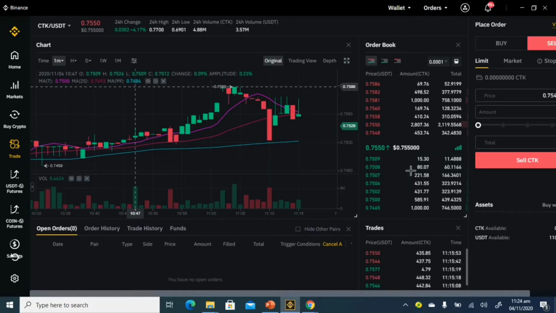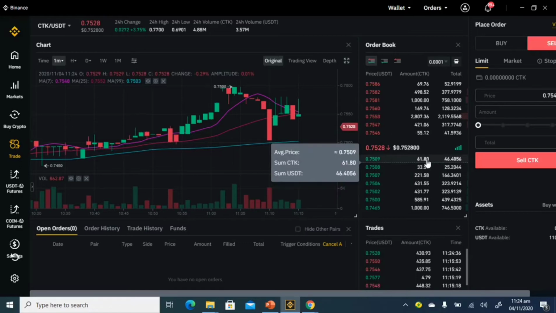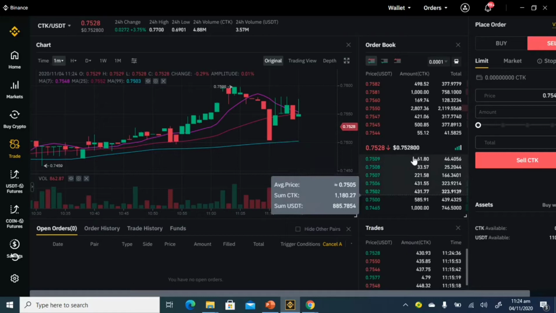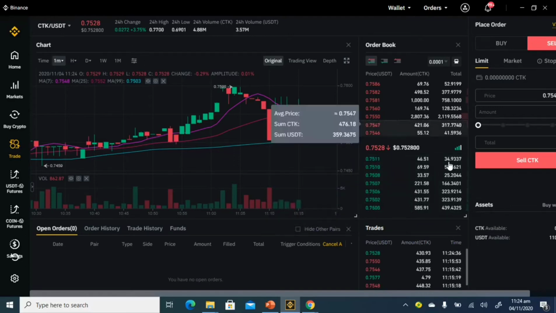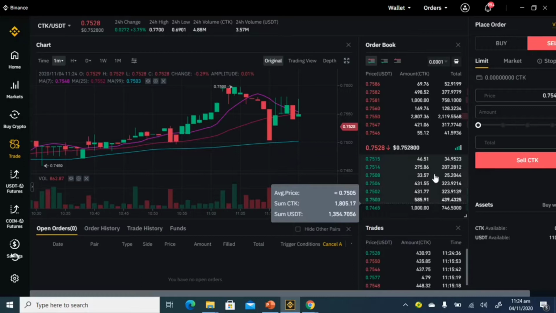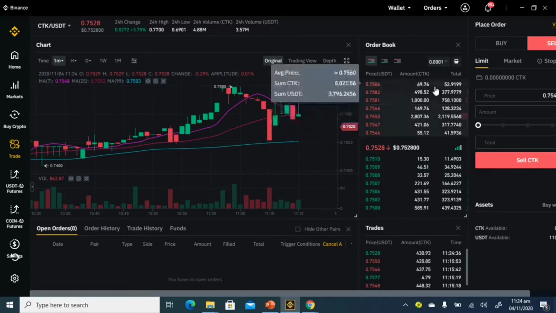The total amount they want to buy this 15.3 CTK with is displayed here. So here you get the amount of CTK that the user wants to buy, while here you get the total value. So that's basically what this order book contains. It shows you people wanting to buy and people wanting to sell.